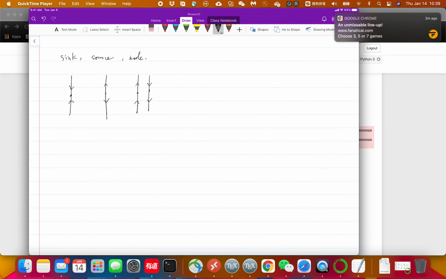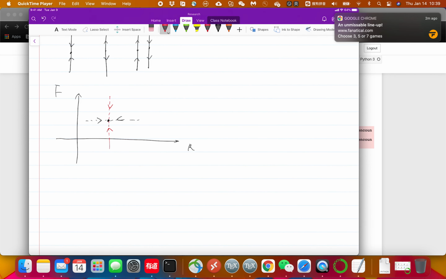Now for 2 dimensions, what can happen at an equilibrium? Now you have R, you have F. Each one has a phase line, so along this direction, you will have a source and sink discussion. And along this direction, you will still have a source and sink discussion. Okay, so you have 2. So how do you make sure that it's a sink? Then you probably want to make sure both directions have to be sink.